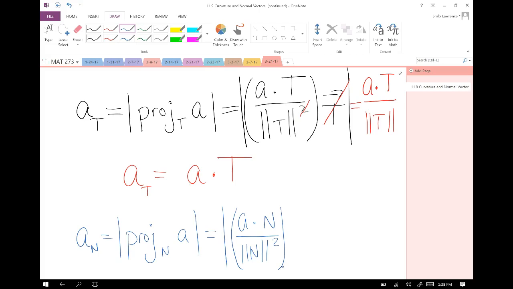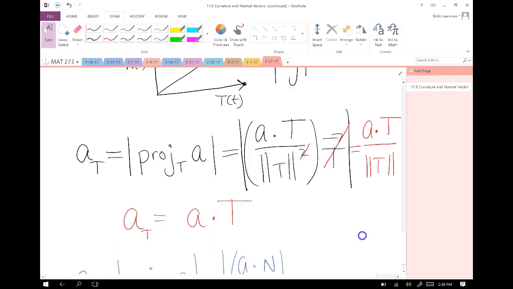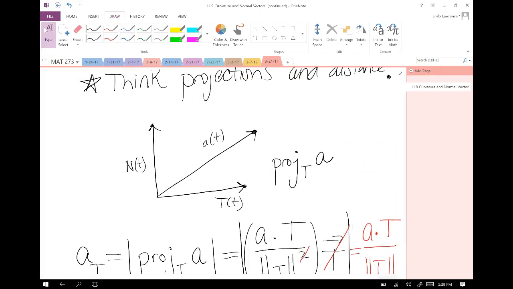So if the magnitude of acceleration is 10, we can say, okay, 8 of that is going towards changing direction, 5.5 of that is going toward changing speed. So it's telling us how to scale T and N to make that little rectangle work.